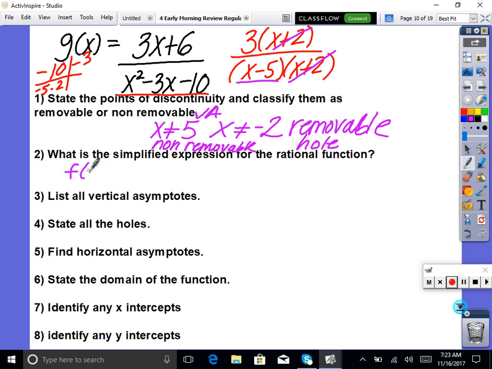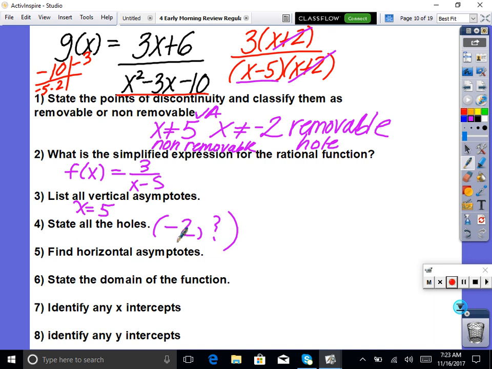Okay, moving on. It says, what is the simplified expression for the rational? We would say, f of x is equal to 3 over x minus 5. List all the vertical asymptotes. Vertical was, like you just said, x equals 5, right? State all the holes. You guys, don't say 2. Negative 2 is where the discontinuity is. That's where the hole would be, at negative 2 comma something, right?